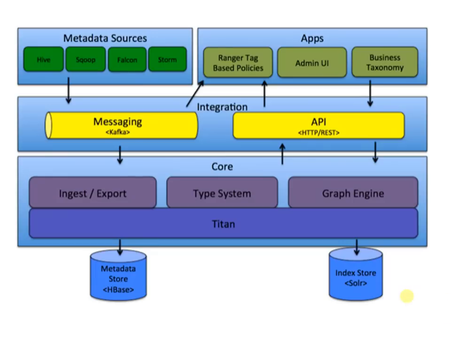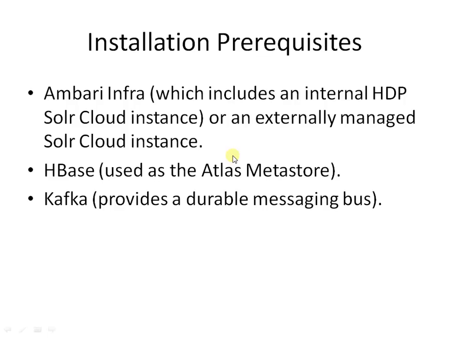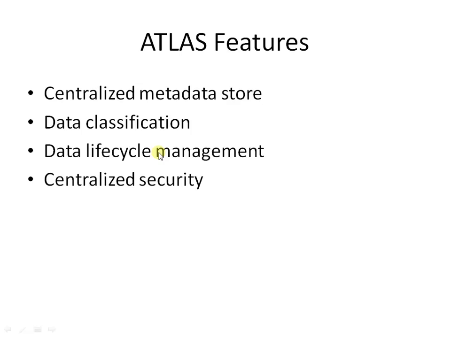We can also use an externally managed SolrCloud, but I think standalone Solr is not recommended for production. So we need HBase, Solr and the Kafka service. Other than that, the services like Hive, Sqoop and Falcon also need to be there. We need to make sure these services are up and running before installing Atlas. These are the prerequisites.